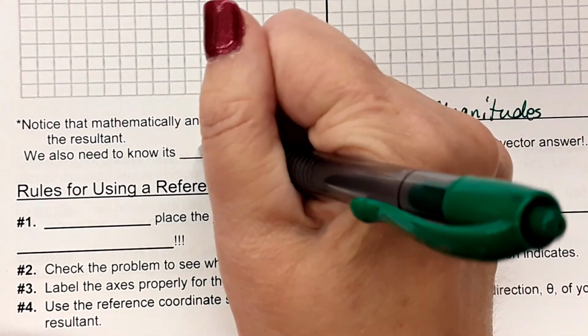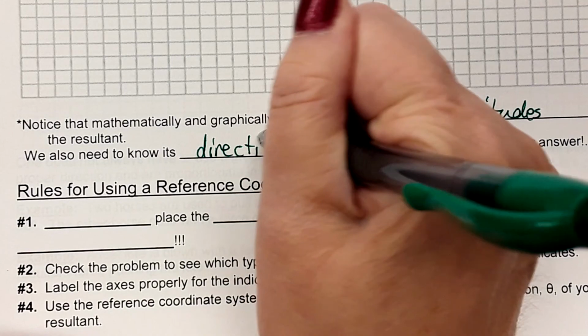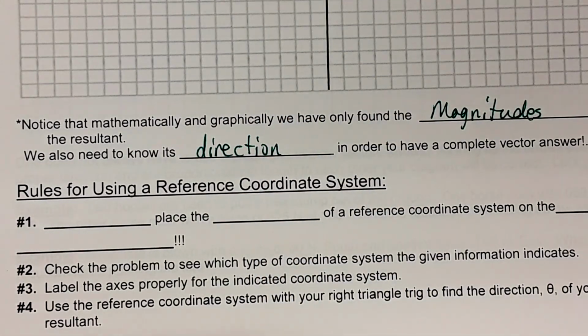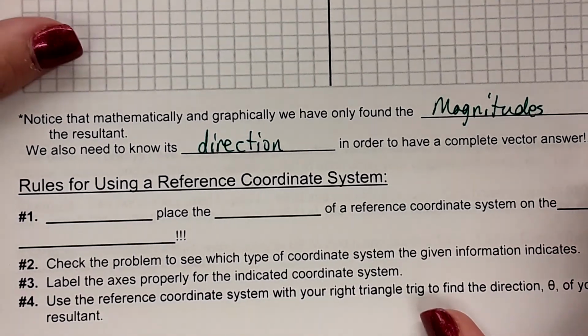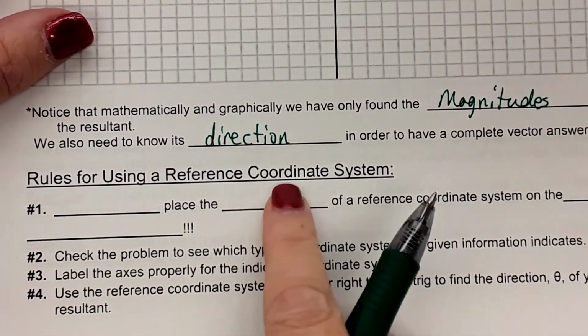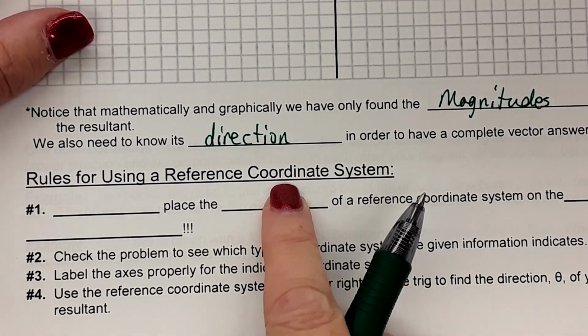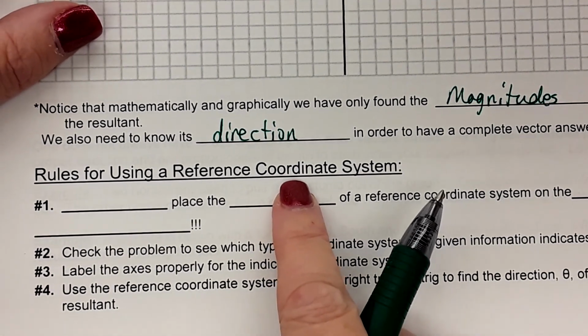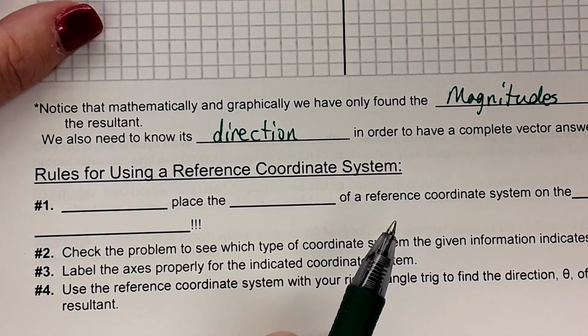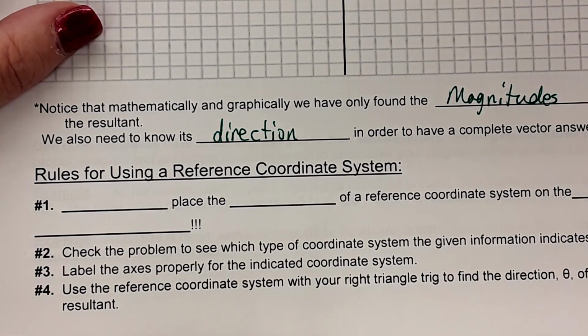So we need to know the direction, and we're going to use degrees of arc designated with the letter theta. So how do we use a reference coordinate system to state what that angle theta is in reference to our coordinate systems? And there are two coordinate systems, and how we use them is very important.